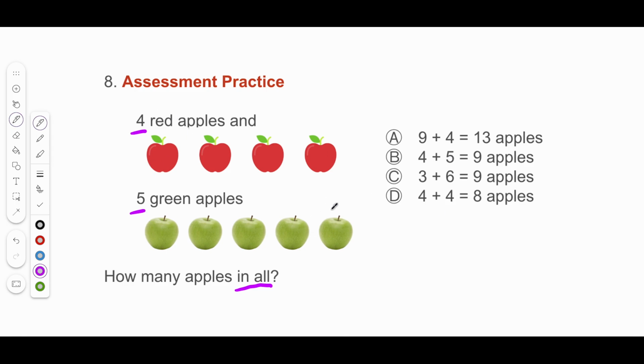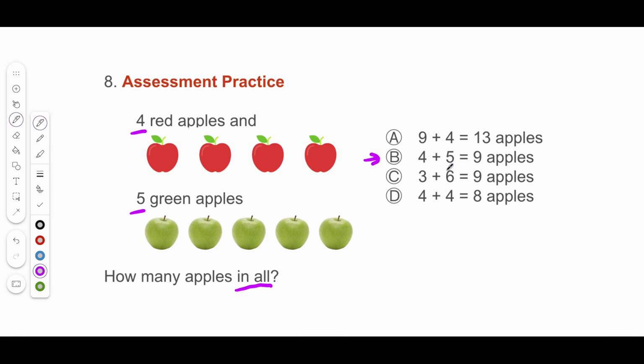And I don't necessarily need to add these together. It's great practice. But when we're learning how to take a multiple choice test, the parts I know are already 4 and 5. So I'm looking for the question that has that element to it, and then I can double check what is the whole. I only see one answer choice that has 4 and 5 as the parts being added together.